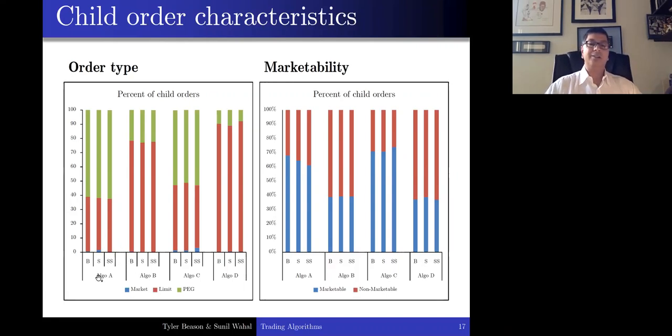Most of it is limit, and some of it is peg. Of course, those limit orders can be marketable or not, and a good fraction of them are marketable. As you can see here, there's variation, but certainly there's plenty of non-marketable limit and peg orders that are also getting submitted, unsurprisingly.